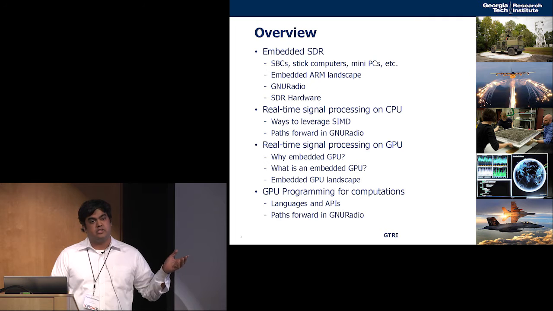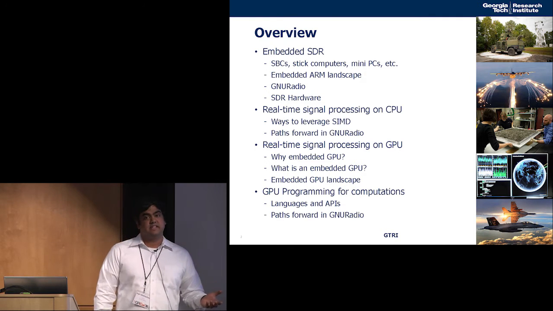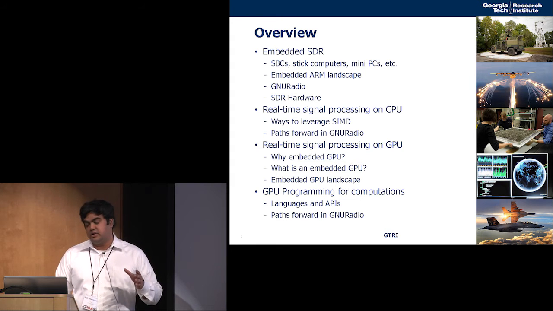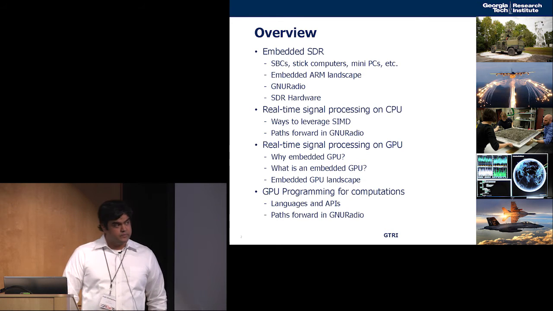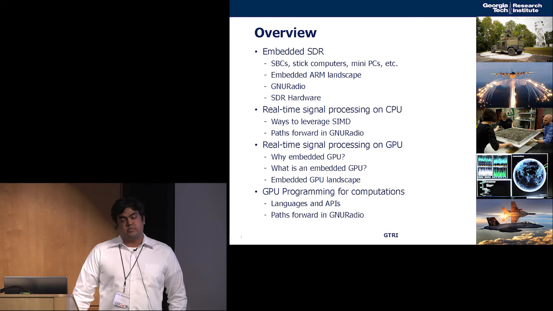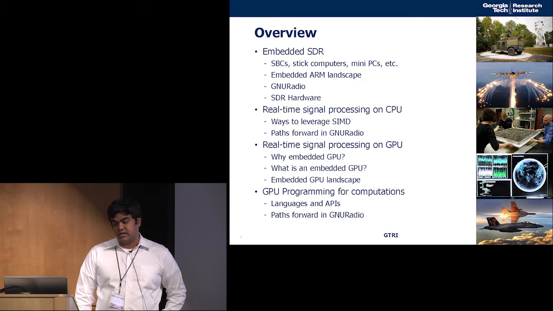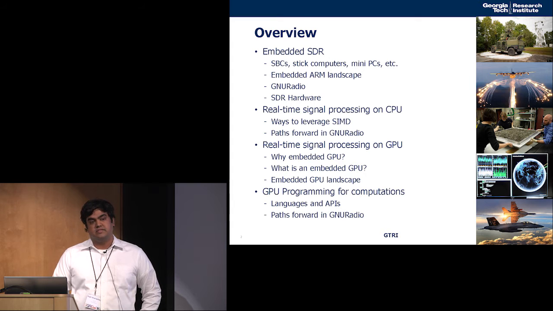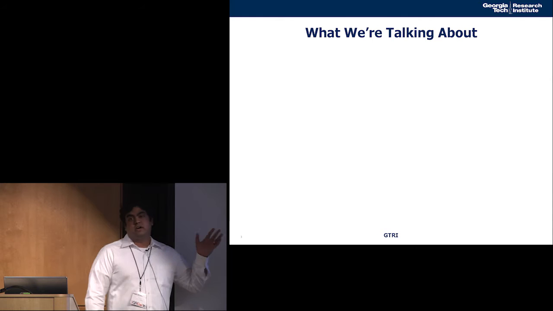We'll talk about how you can use embedded GPUs and what the embedded GPU landscape even looks like, and I hope you'll walk away with an idea of what tools are at your disposal if you'd like to develop signal processing applications on the GPU. At the conclusion, we'll go through the different APIs and the different tools that are available. So what are we talking about?